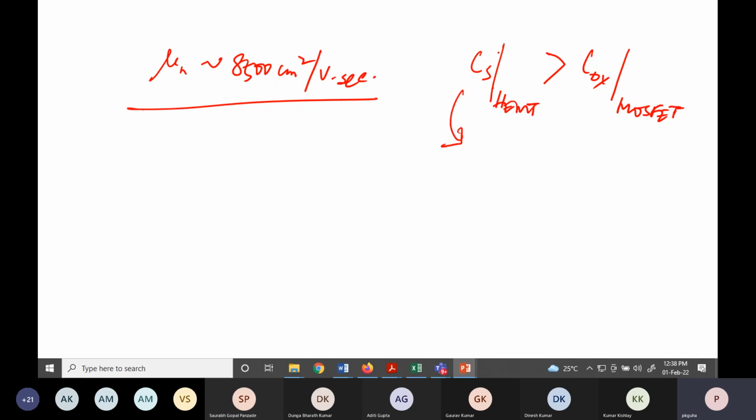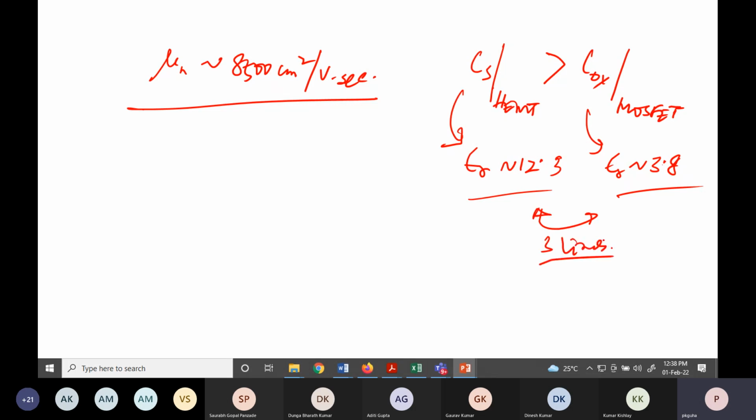Why I am saying it will be larger is because here epsilon r is of the order of 12 point something, say 12.3 or 12.4, and epsilon r here is around 3.8. So you see it is almost 3 to 4 times. So it is 3 times.